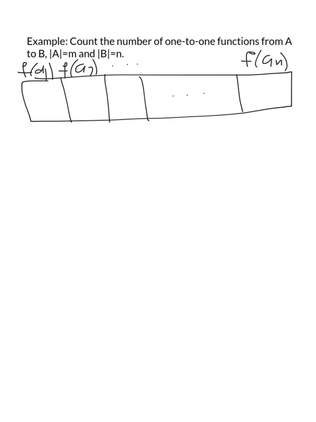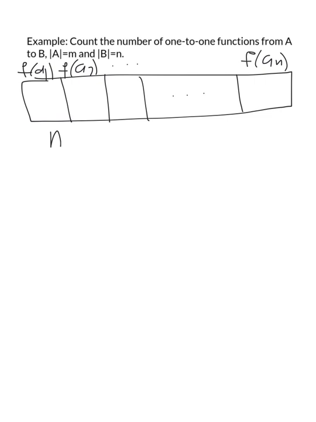Okay, so let's see how many possibilities the first element of A has. So the first element of A has no restriction. So let A1 be just the first element of A, as we have ordered it. So the first element has no restriction, and therefore it has n possibilities. I write under the cell the number of possibilities.